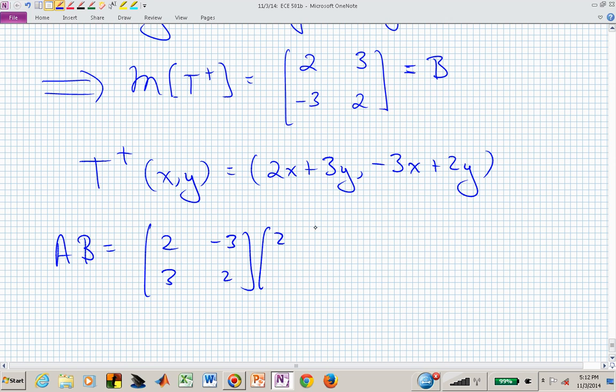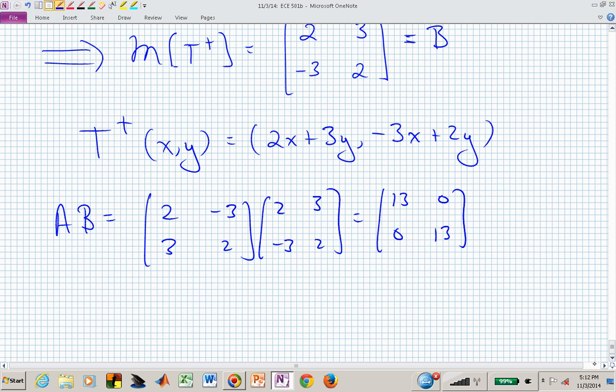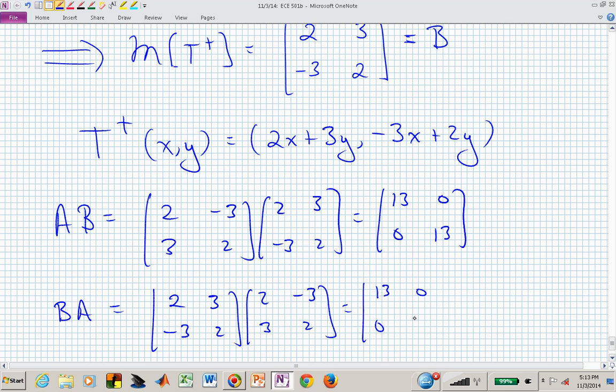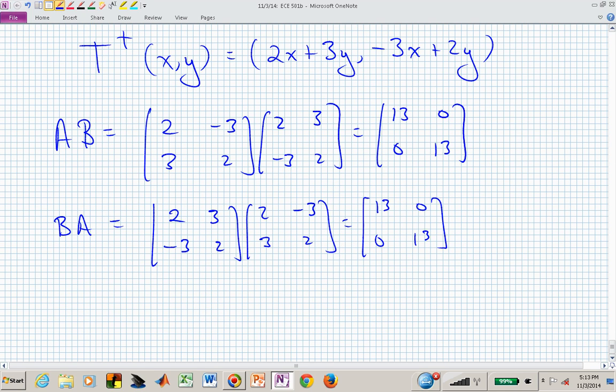B is 2, 3, minus 3, 2. You can show yourself at home tonight that that ends up being diagonal 13, 0, 0, 13 if it's not clear right now. BA is now 2, 3, minus 3, 2, and 2 minus 3, 3, 2. Again, that ends up being the same diagonal matrix with 13 on the diagonal.